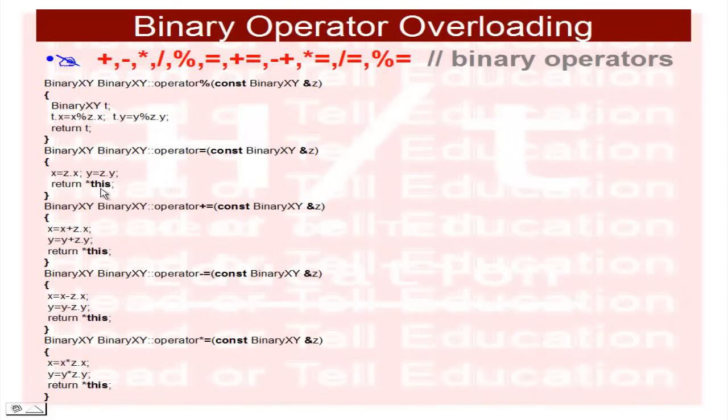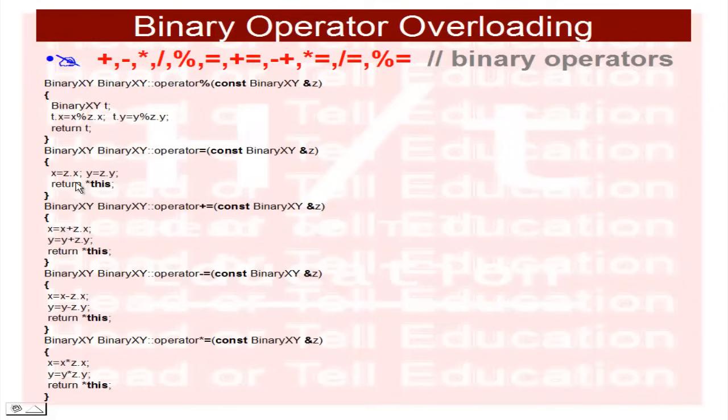now this is the assignment operator I am overloading. Okay, so it's very simple. Again the same, operator equal to, with a const reference to our object passed here, not the actual object, this is the reference of the object. Okay, and value assign and return. So this time I am using the current object pointer, this, which points to the current object.